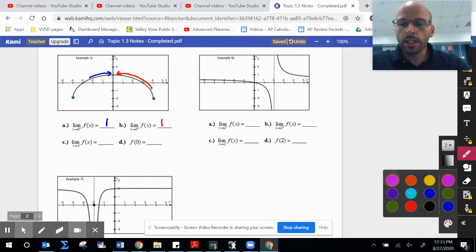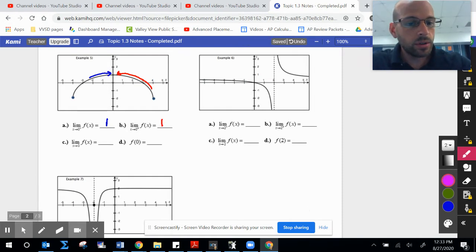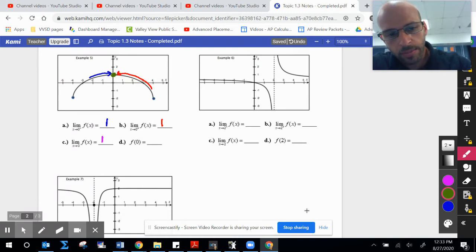As I approach the x value of 0 from both sides, you can see they're equal, so that will be a value of 1. And then f of 0, so I actually want to know the output at 0. Even though there isn't a point indicated, we all know that this is continuous at 0, so that would also be an output of 1.